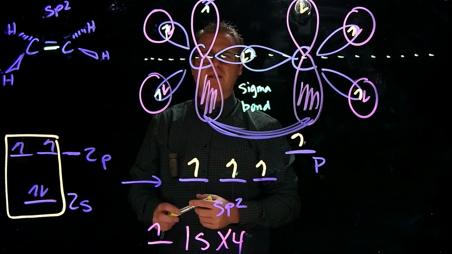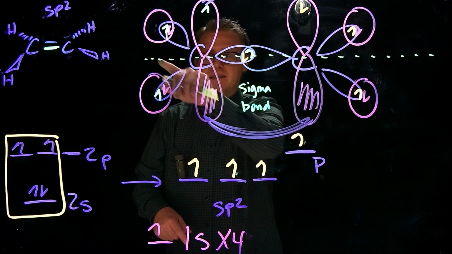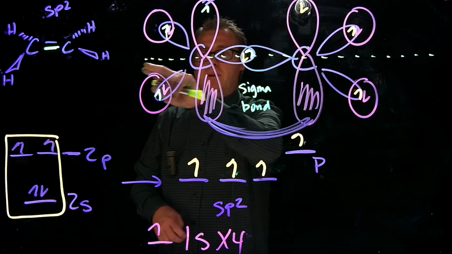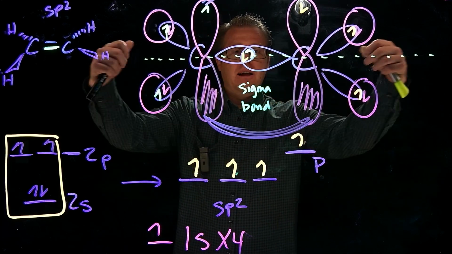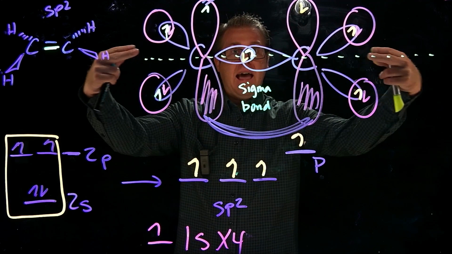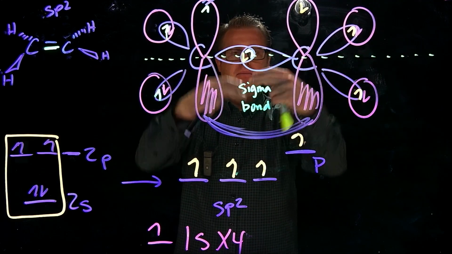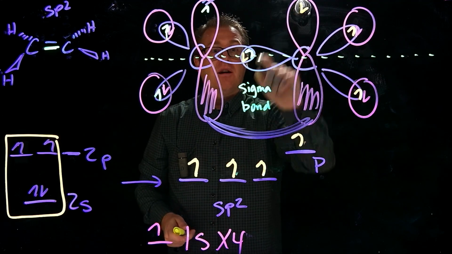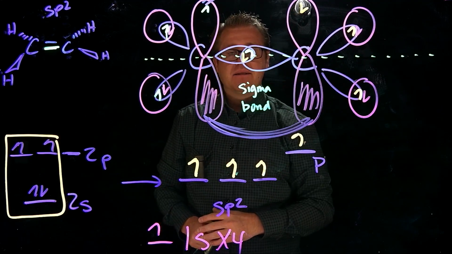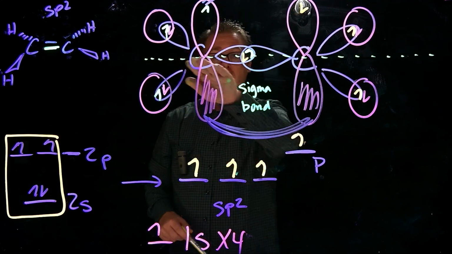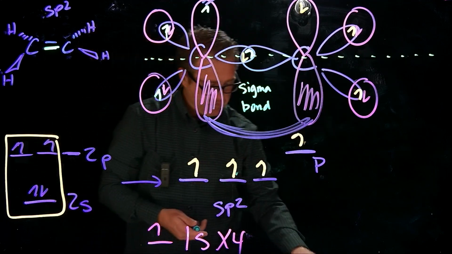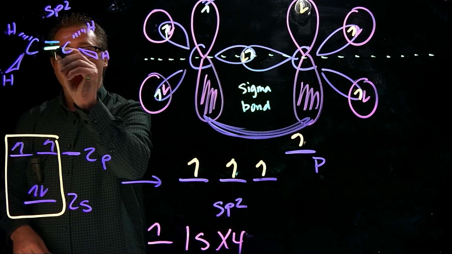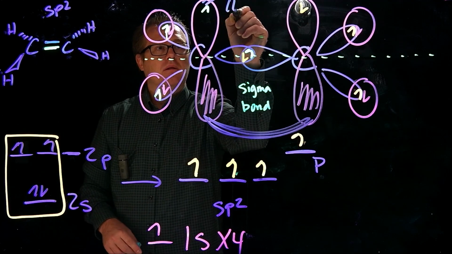Or it's not plane, sorry, I'm using the wrong word. This axis. So we have this axis right here, and these 2 orbitals are interacting head-to-head on that axis. Okay. But the p orbitals are above and below that axis. And when it's above and below that axis, that's going to be the pi bond. So this blue one right there is going to be the pi bond.